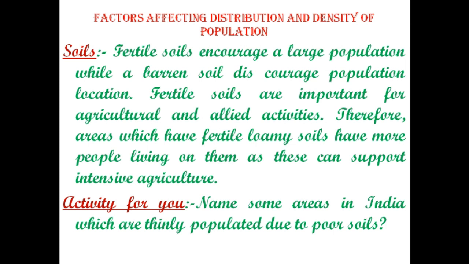So, the areas which have fertile soils, people would like to live there. They would prefer to go to these places where fertile soil is found. And these can support intensive agriculture.